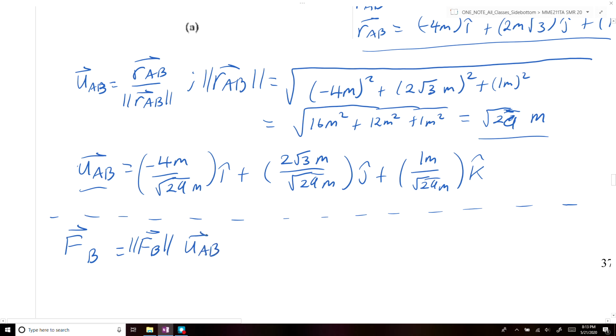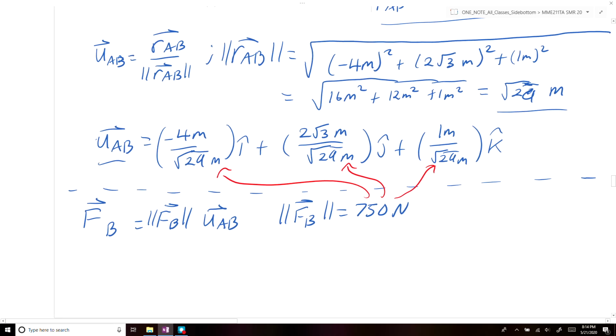The magnitude of FB was given to us as 750 newtons. So we're just going to multiply 750 newtons by each of our unit vector components to get the components of our force B.